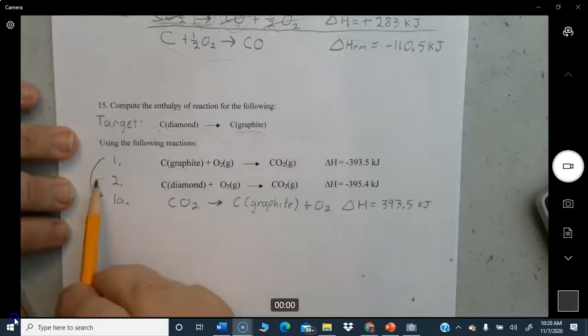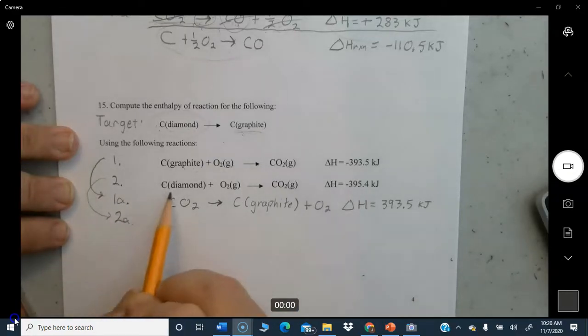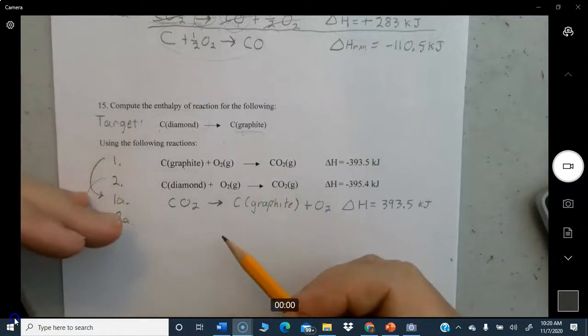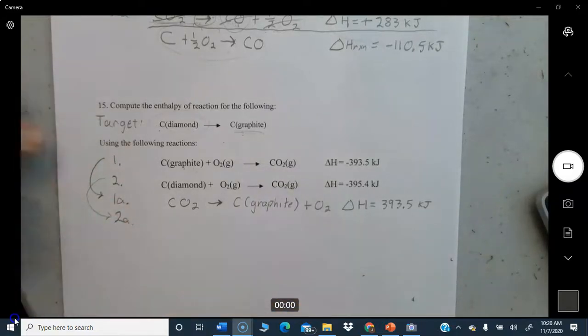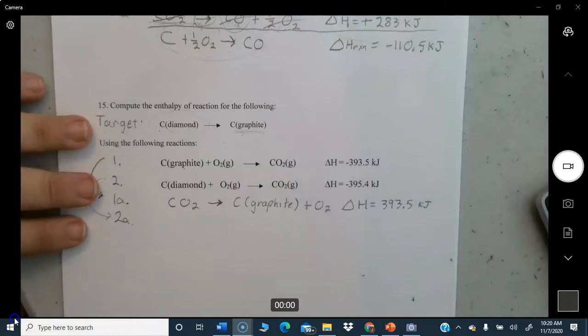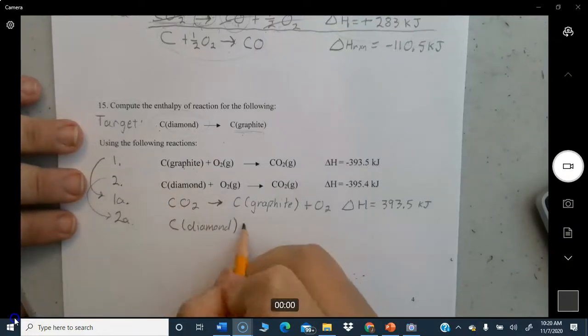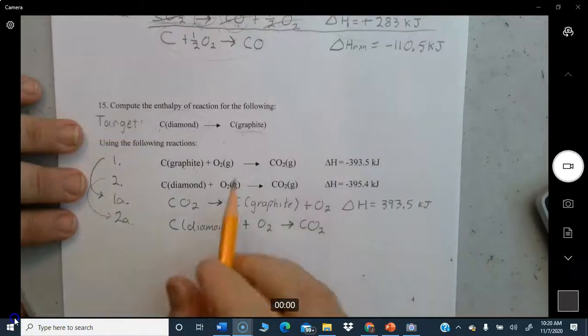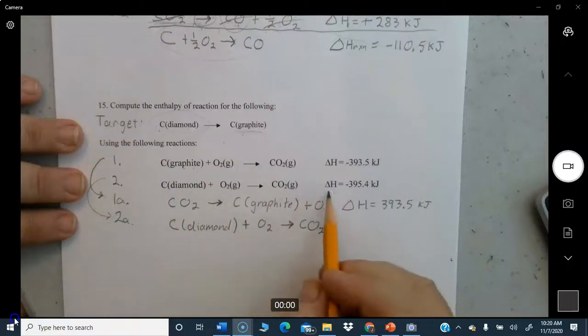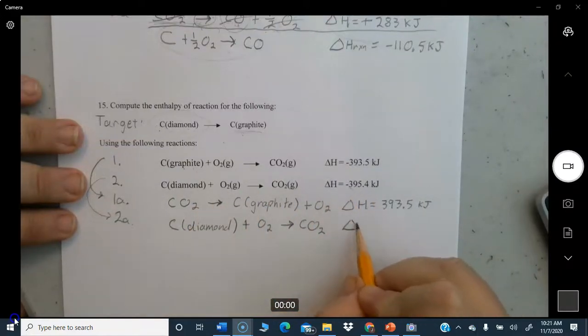And then we said number 2, the diamond, we were going to leave it alone. But let's rewrite it. You say, why do you have to rewrite it? It's already there. Well, because you might do several iterations, several steps down on some of these problems. But these are fairly simple. But I still want to just develop some good habits here. So I'm going to write it down here. Okay, and since we didn't change this equation, you still have the same delta H.